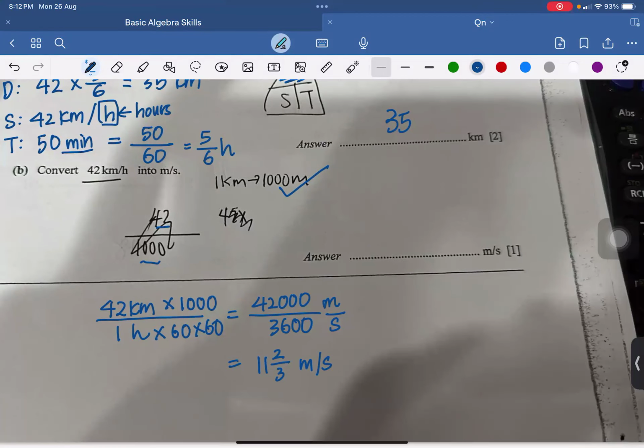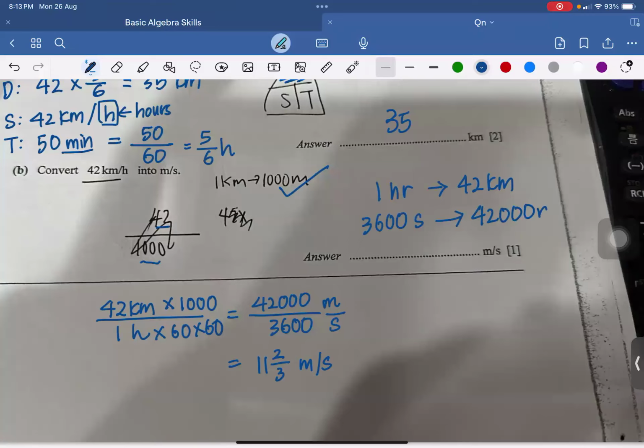Okay, so I was thinking, what about another different method? I think some of you don't really know how to do this conversion very well or very clear. What I can do, 42 kilometers per hour, it means in 1 hour, travel 42 kilometers. Okay, 1 hour convert to seconds, 3,600 seconds, 42 kilometers change to meters, 42,000 meters.